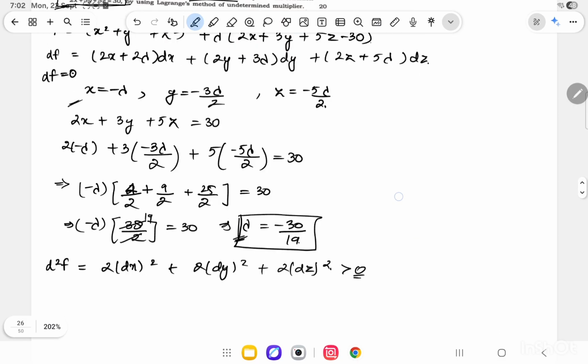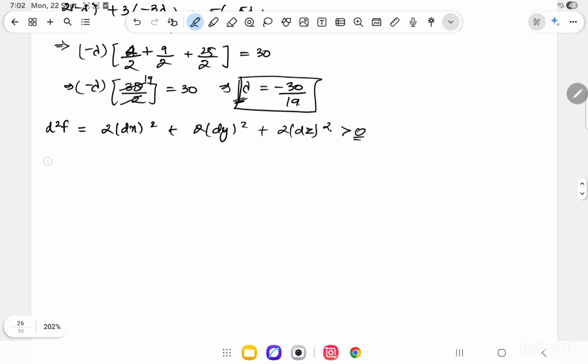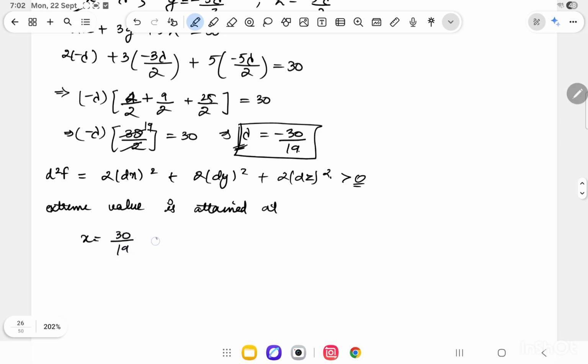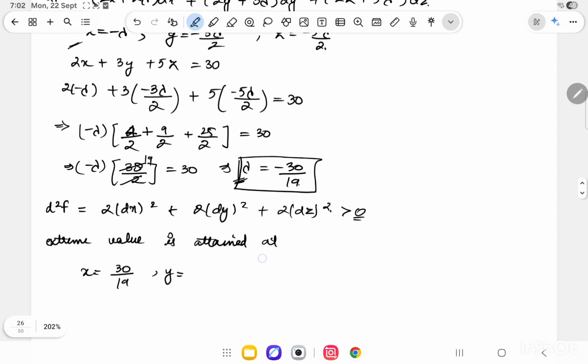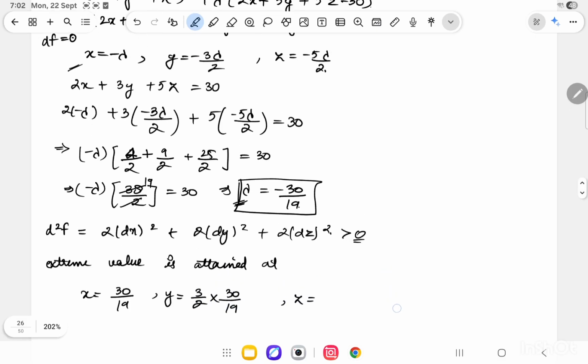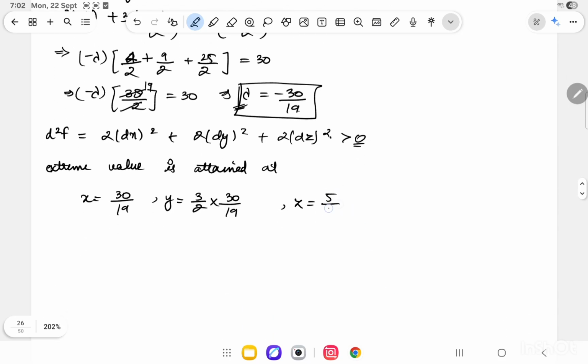So my extreme value is attained at x equals minus lambda, that is 30 by 19, y equals minus 3 by 2 into lambda, and z equals minus 5 by 2 into lambda.